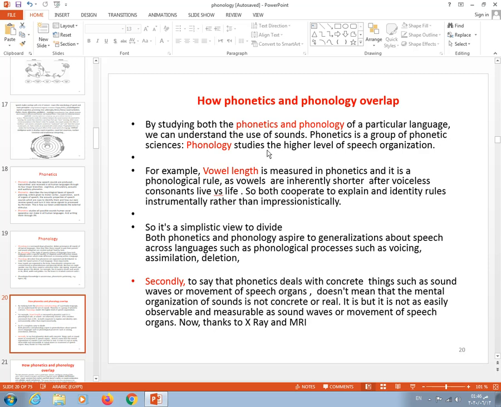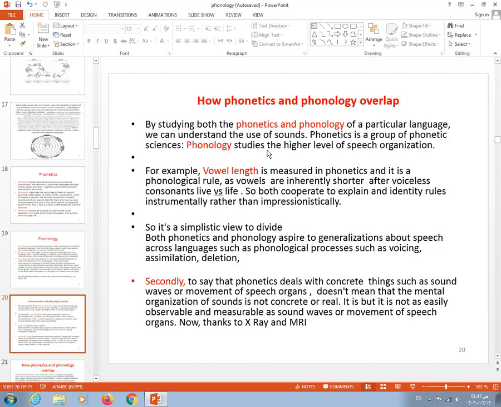Phonology and phonological theory try to see what the shared features are among all the languages of all humans. So aspiring to generalizations is not restricted to phonetics. It also stretches to include phonology.